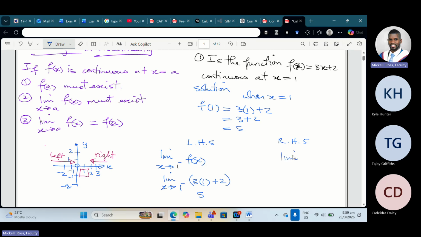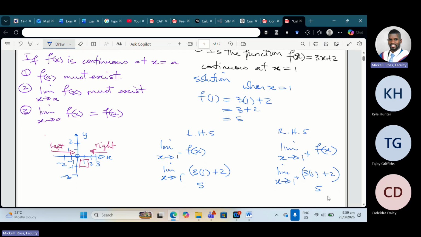And the limit as x approaches 1 from the right hand side of f of x is the limit as x approaches 1 from the right hand side of 3 times 1 plus 2. So that's still equal to 5.